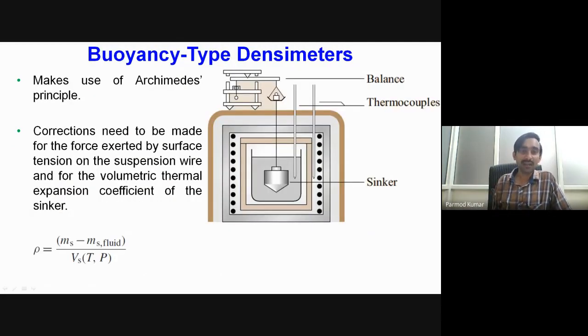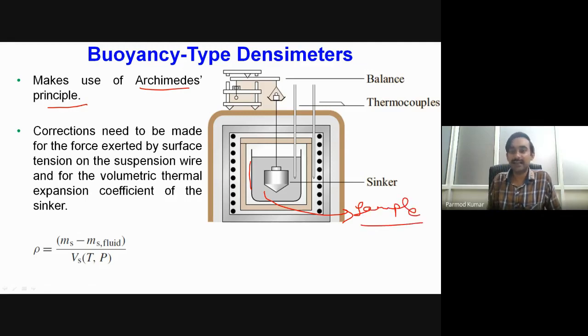Okay, then another type of density meters we are having is the buoyancy type, and these particularly employ the Archimedes principle. Okay, so what is basically done in this type of density meter? Over here you can see that we are having some chamber. Inside this chamber we are having our liquid sample.